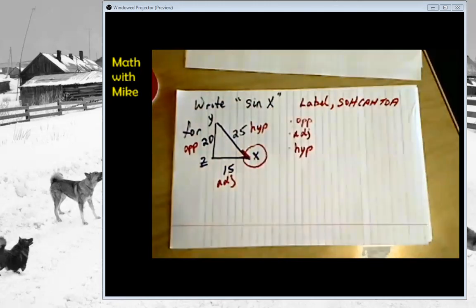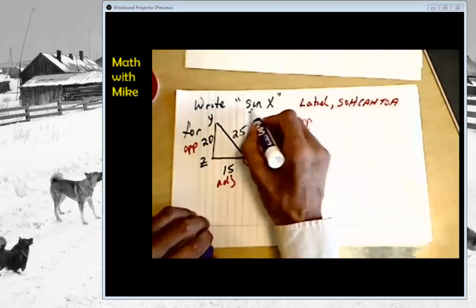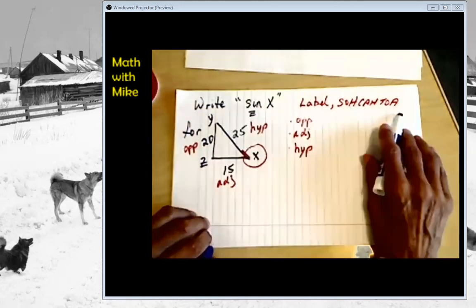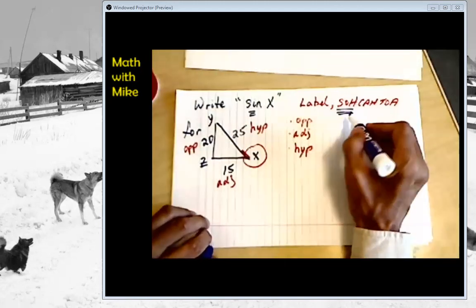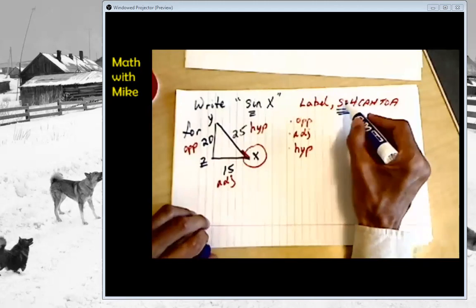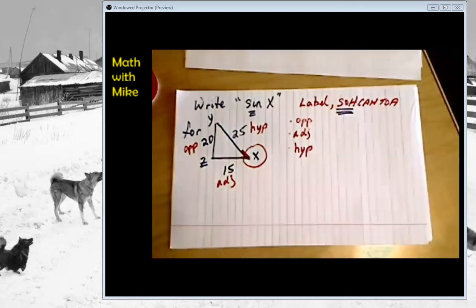Now, they're asking for a sine. Why? Just because. So go in here. Sine, the S, means we use O and H, right?